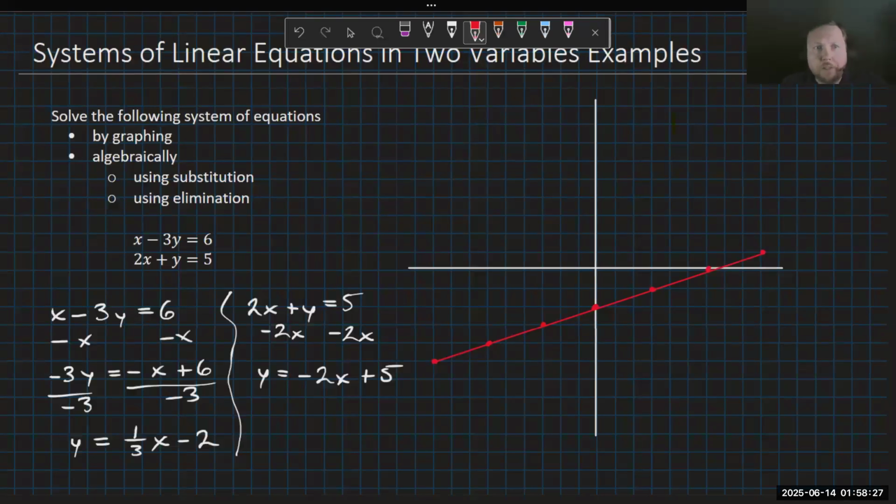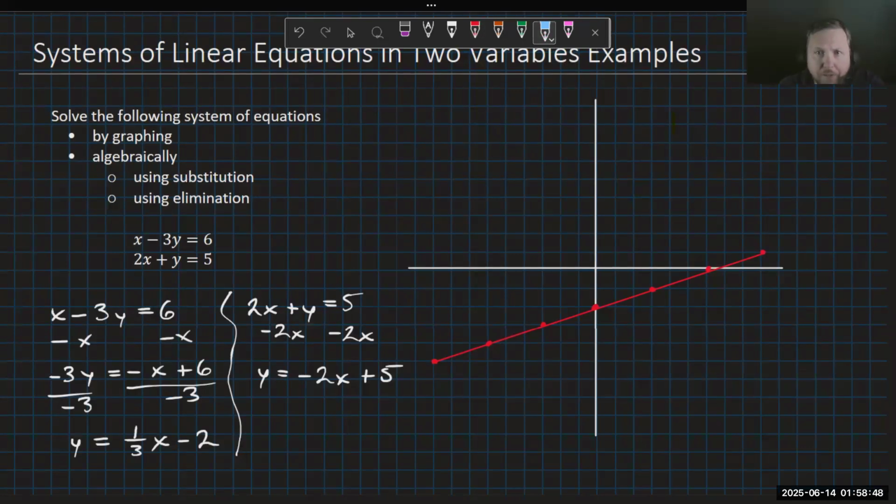When you are solving by graphing, you want to draw your graph as nicely as possible, so everything lines up appropriately. Okay, let's go ahead and plot the other one.